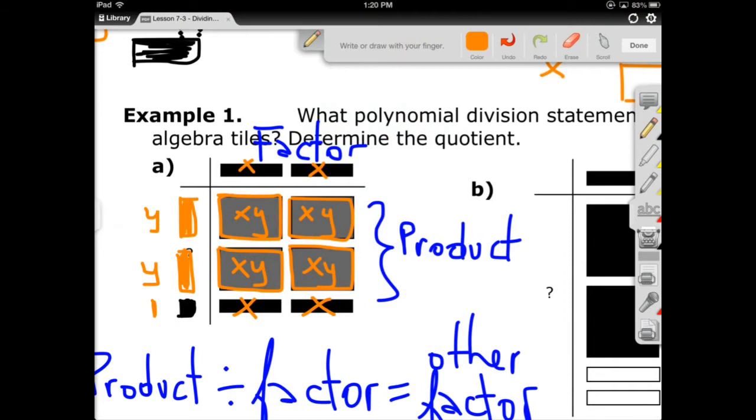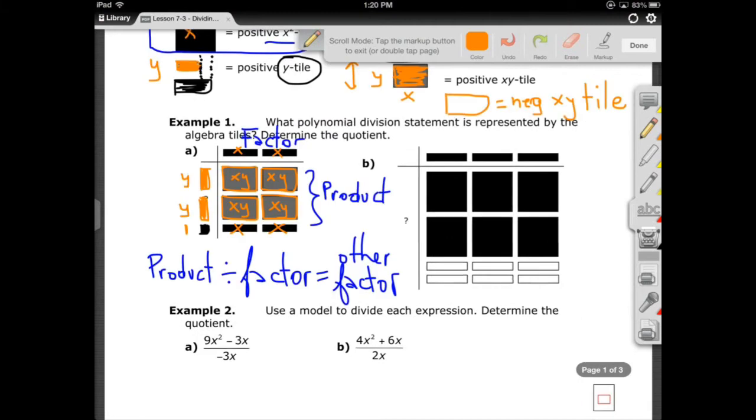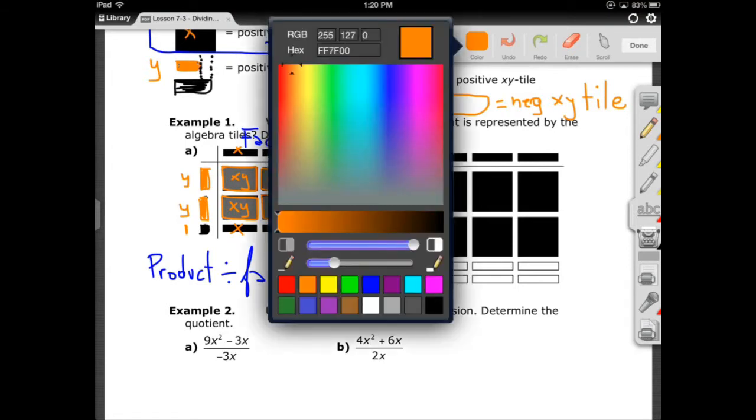Now it looks pretty complicated, but let's scroll out because we'll need a little bit more space. Essentially what you've said is that 4xy's, let's see if we can find a place to write that. I think we can write that in blue.